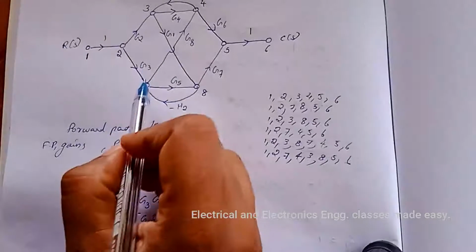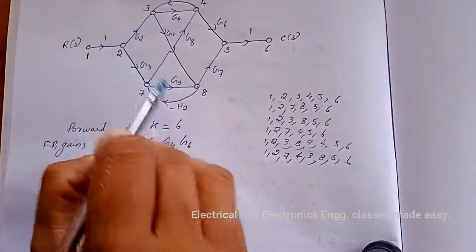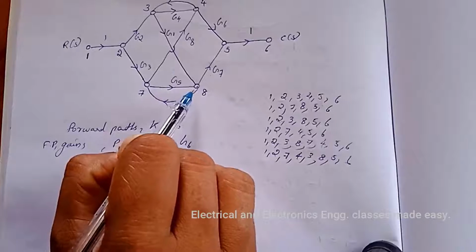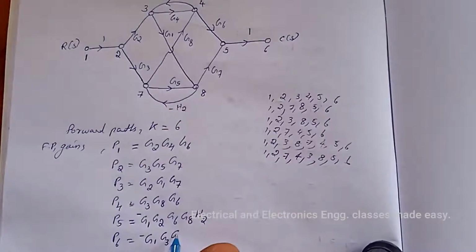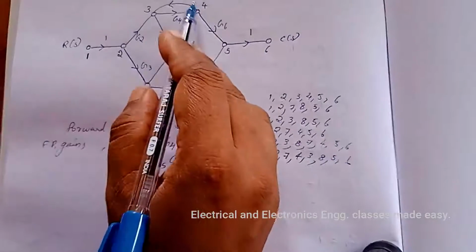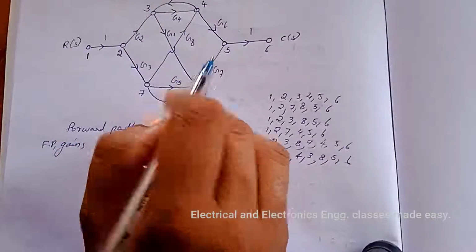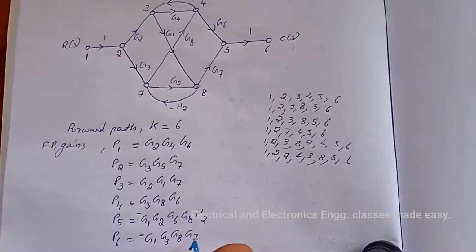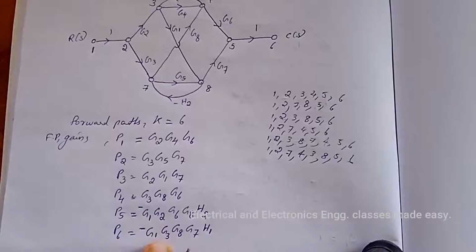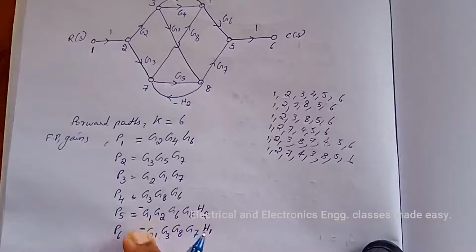G3, G8, then minus H1, G7. So G7 is there, minus H1, G1, G3, G7, G8, H1. So these are the forward path gains.